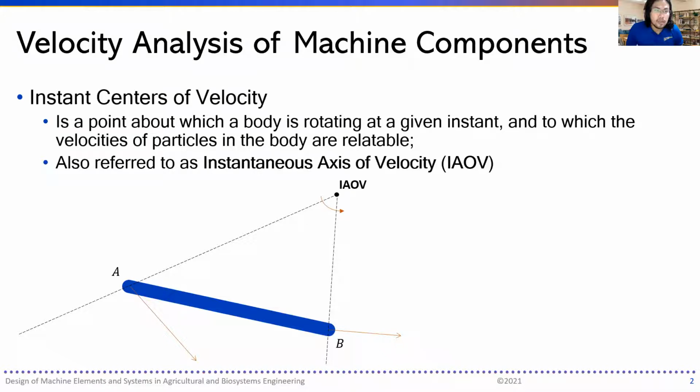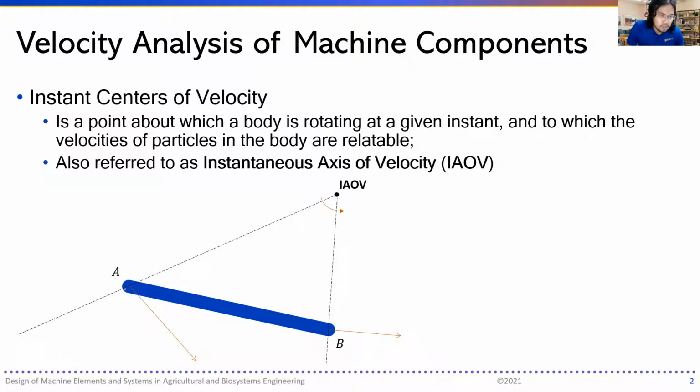So you have point A moving in this direction, and then point B is moving in this direction. Now to find the IAOV, what should be done?